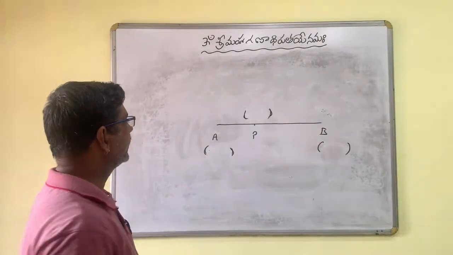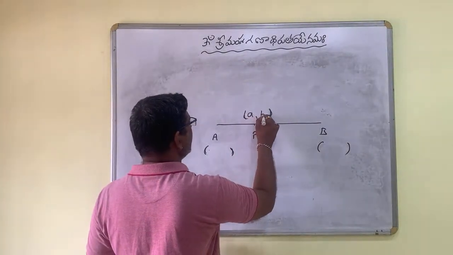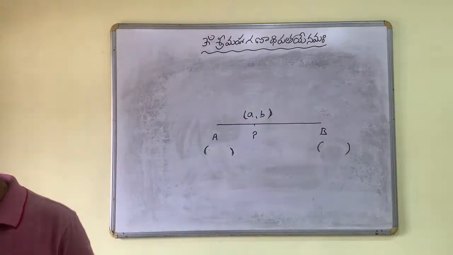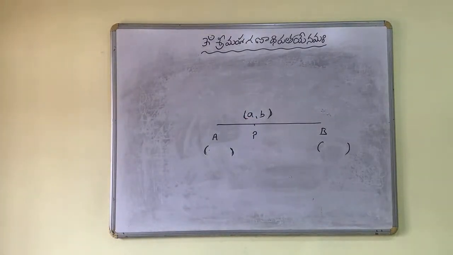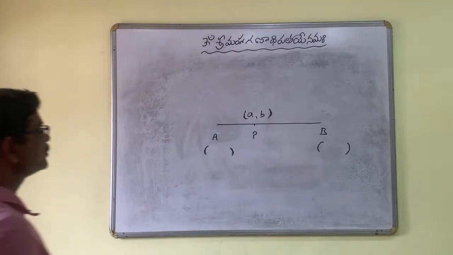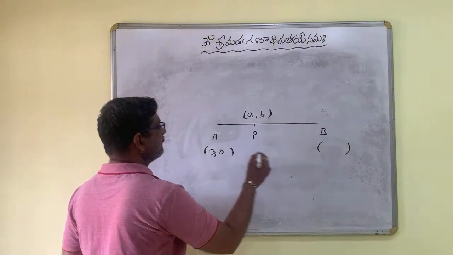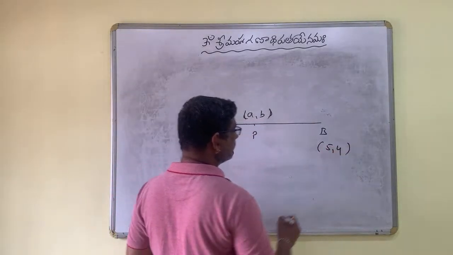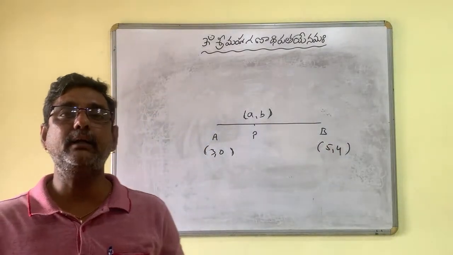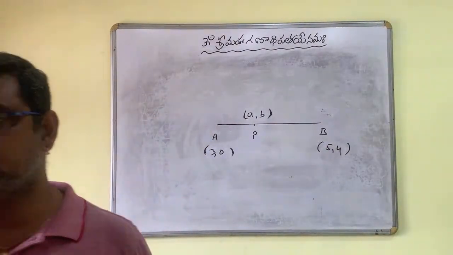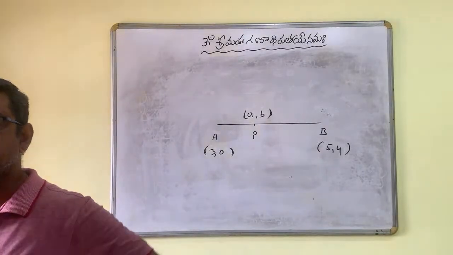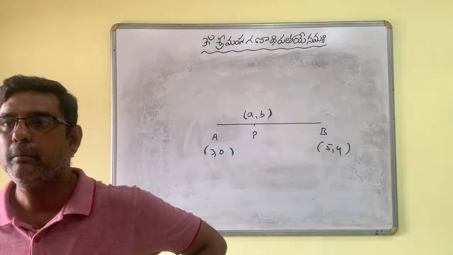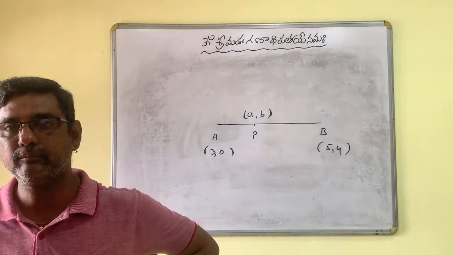You want to find out the coordinates of P. A is (3, 0), B is (5, 4), given that P is the midpoint of AB.